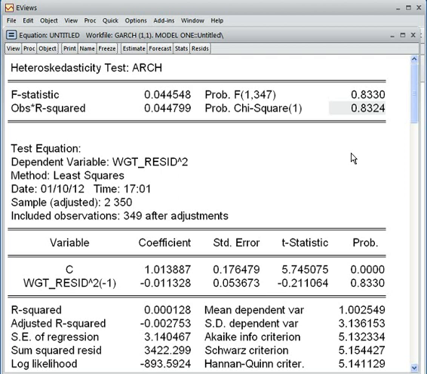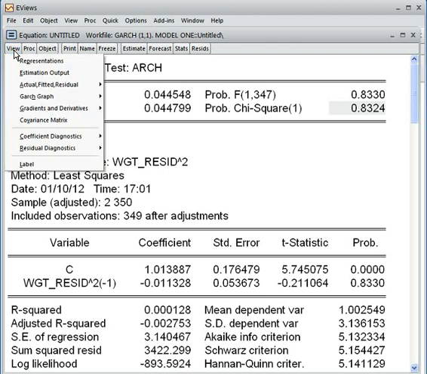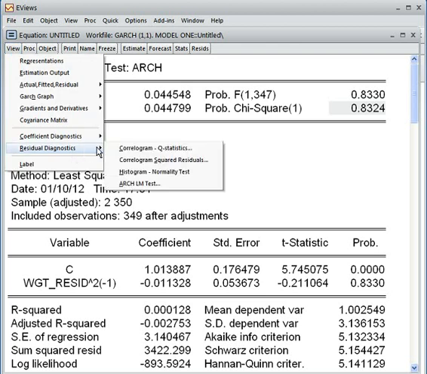Okay, the third assumption is that residuals must be normally distributed. That is desirable. So I check: I go to View, Residual Diagnostics, then Histogram and Normality Test.